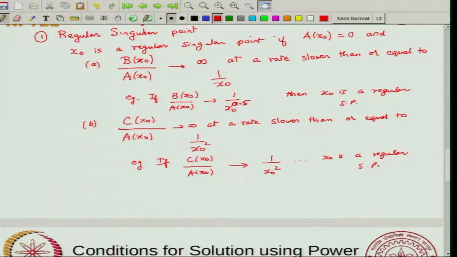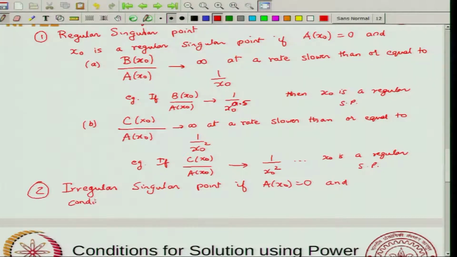So for all singular points a of x0 equals 0, and for a regular singular point these two additional conditions should be satisfied. Now this is one kind of singular point. If these are not satisfied, it is an irregular singular point: if a of x0 equals 0 and conditions A and B are not both satisfied.